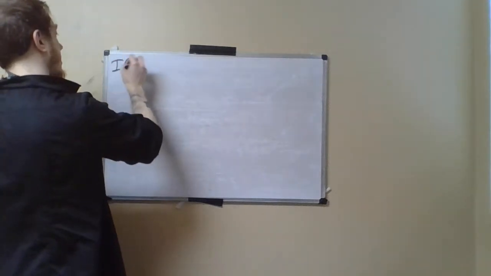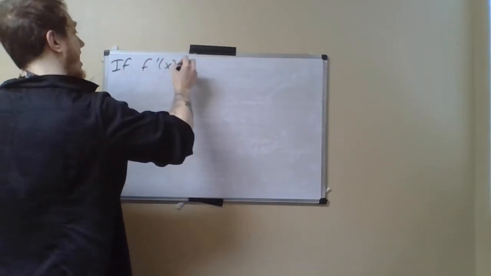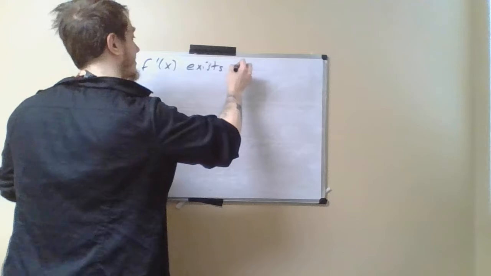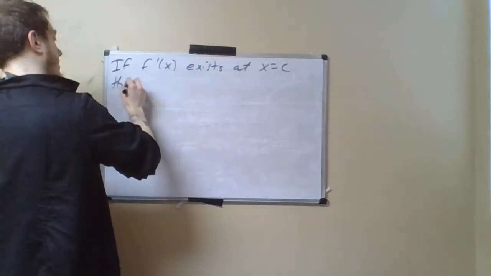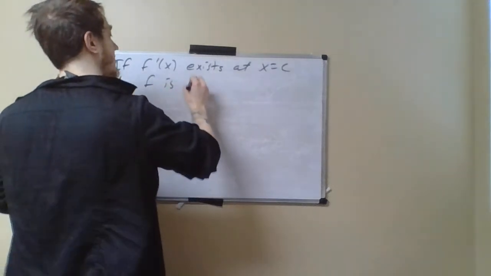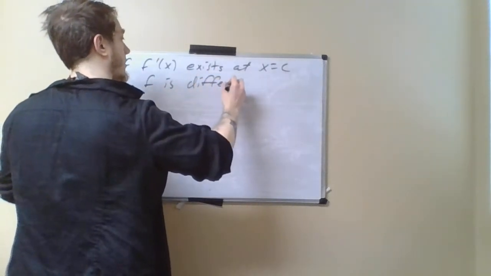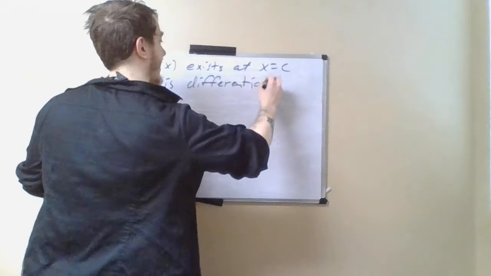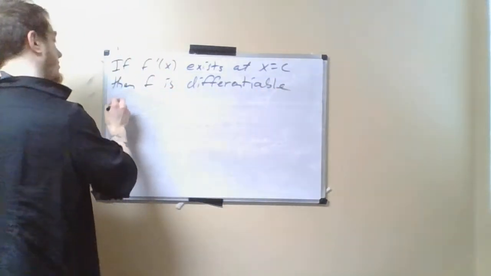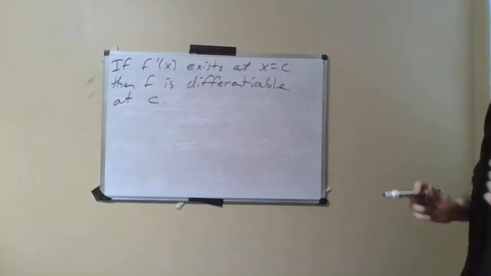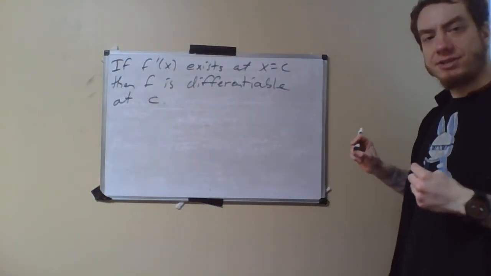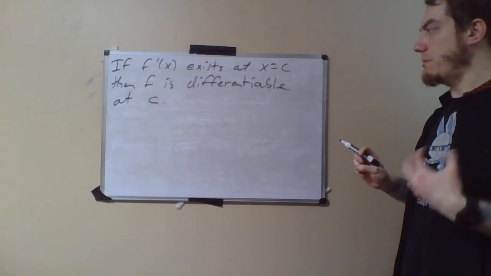We will say that if f prime of x exists at x equals c, then f is differentiable, and that's how you spell differentiable, at c. So a function is not necessarily differentiable on its whole domain.